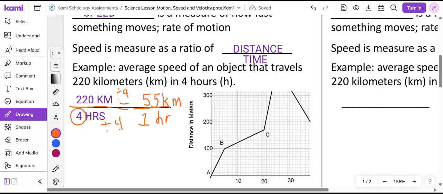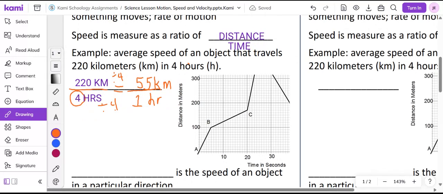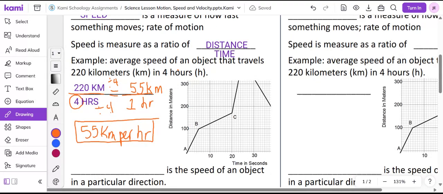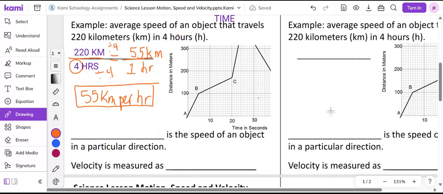So how fast is this speed when compared to 1 hour? It is traveling at a speed of 55 kilometers per hour. Okay, that is a ratio within a word problem.